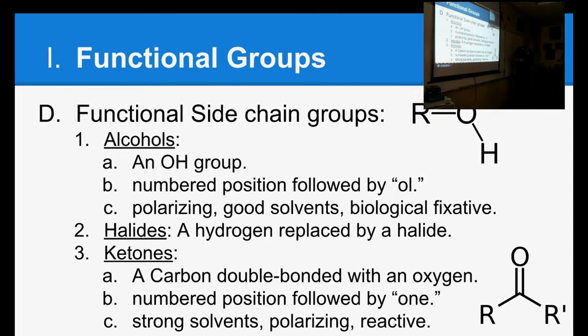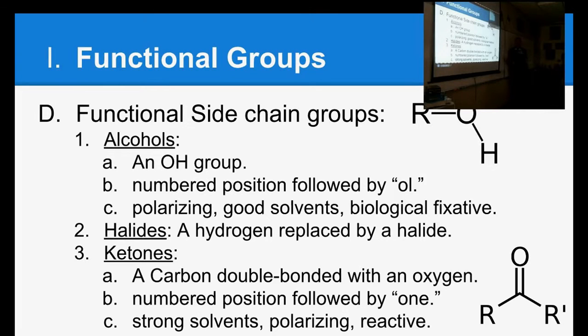Ketones. With ketones, you have a molecule where somewhere along the chain there's a carbon that is double bonded to an oxygen. So this carbon doesn't have any hydrogens on it. It's just double bonded to an oxygen and then to the rest of the carbon chain as it goes on. Okay? We name these by numbering where it is and saying "one" at the end.